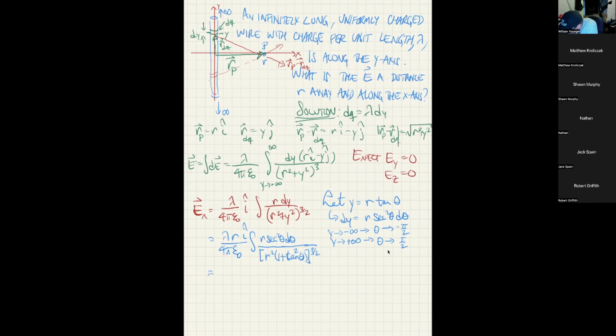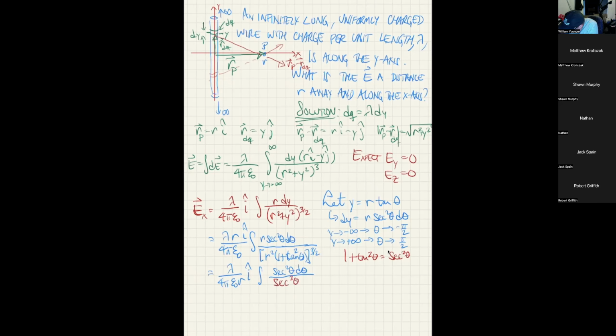So ultimately I just get lambda over 4 pi epsilon naught r in the i hat direction times the integral of secant squared theta d theta under, now 1 plus tangent squared is equal to secant squared theta. So I've got a secant squared theta raised to the 3/2 power. So that's secant cubed theta.